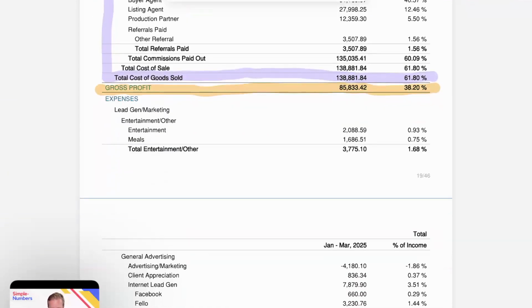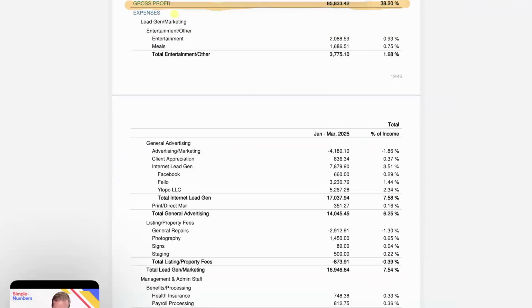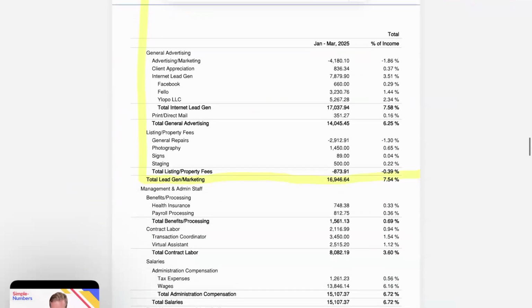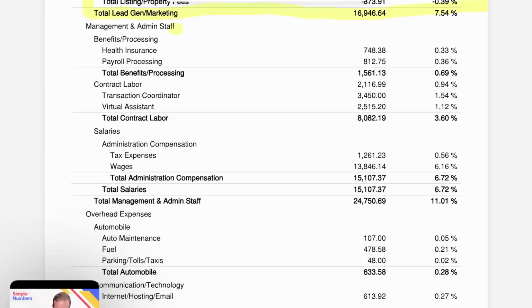Now, from that orange line, our gross profit, we had to pay the bills. And so let's look at where the money went in terms of operating expenses. In this case, we have three sections of operating expenses. The first section is our lead gen marketing. That's everything in that section there. Total lead generation and marketing costs for this team during this period of time was $17,000 or about 7.5% of the revenue. Then we have our people expenses as the second category.